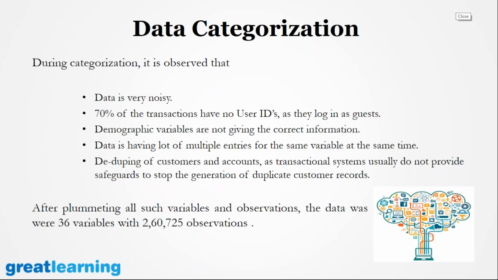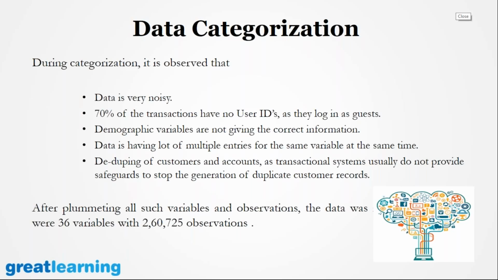A few observations from the data. During categorization, it was observed that the data is very noisy. There were duplicate records, and a lot of data was missing. 70% of the transactions have no user IDs, as buyers log in as guests. Even today, people still log in as guests whenever they want to buy something.